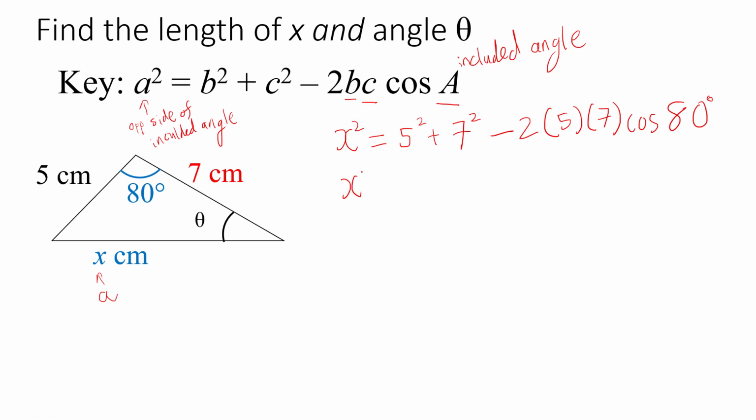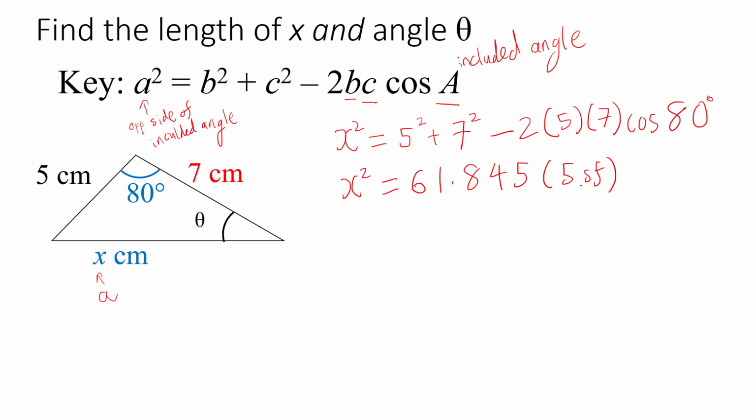So you will get x squared is equal to 5 square plus 7 square minus away 2 times 5 times 7 times cosine 80, and you will get 61.845, and this is to 5 significant figure.